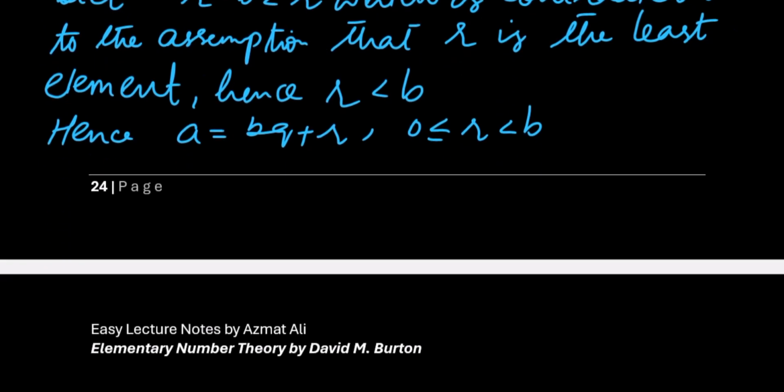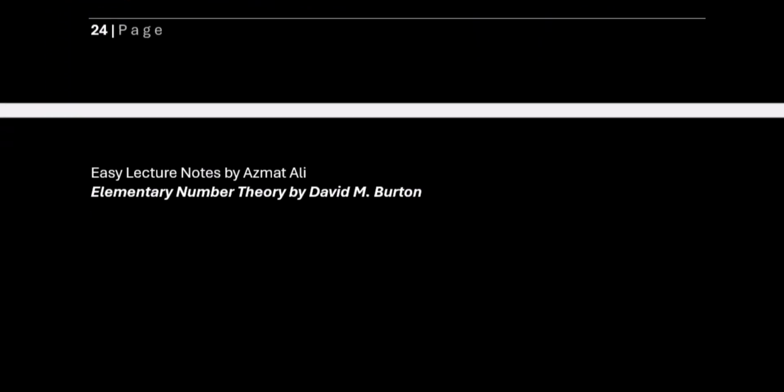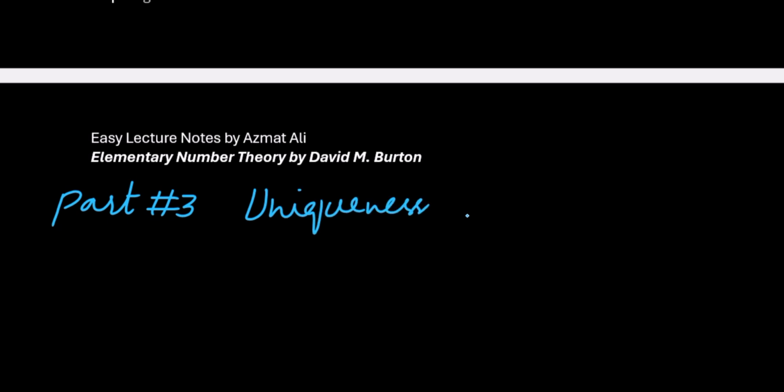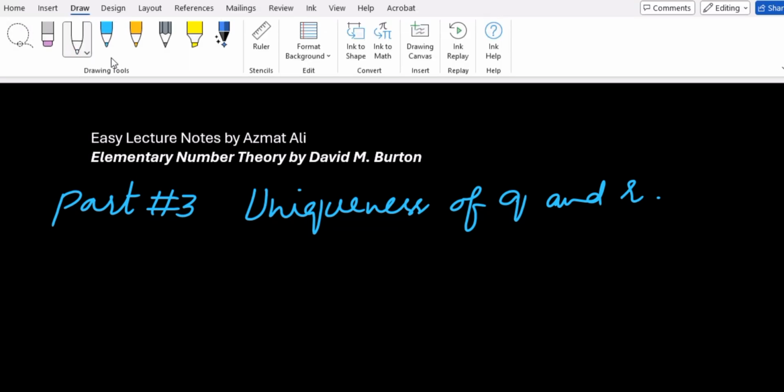Now we move towards the last part of the proof, part 3: existence and uniqueness of Q and R, uniqueness of Q and R. We will prove this part also by contradiction.